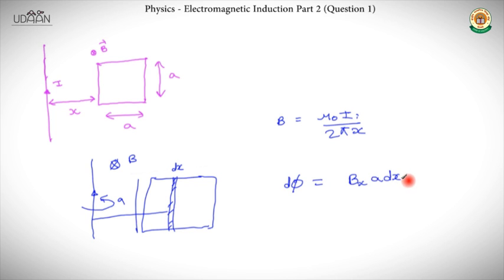Now this flux will be varying with respect to the distance from the wire. So we are going to calculate the flux for the area of the square loop. That is nothing but integrating this function from x to x plus a.